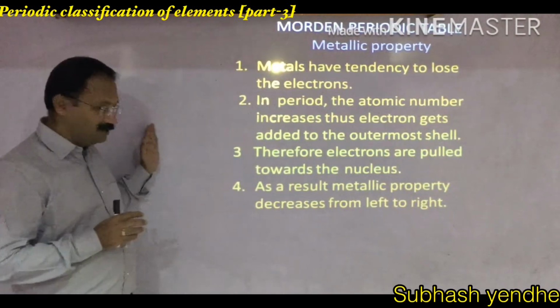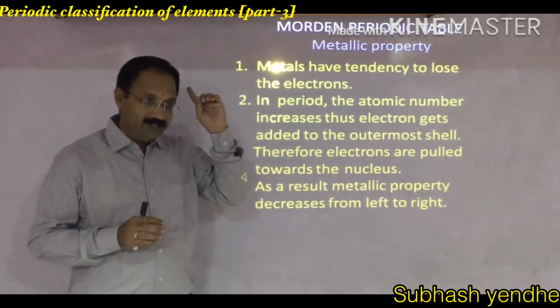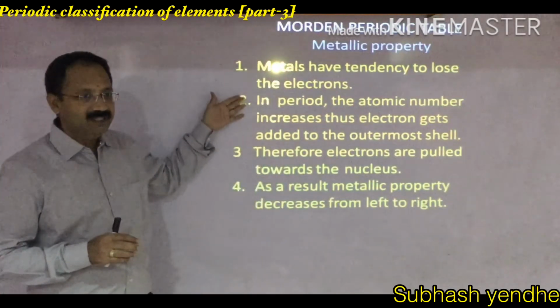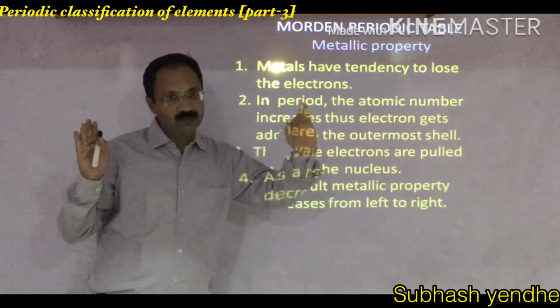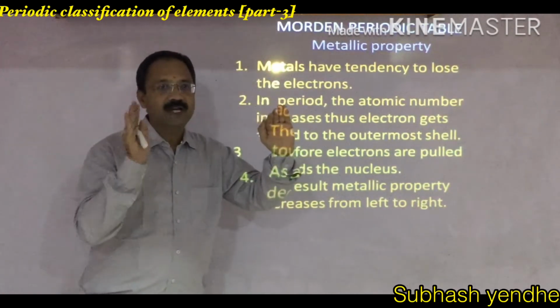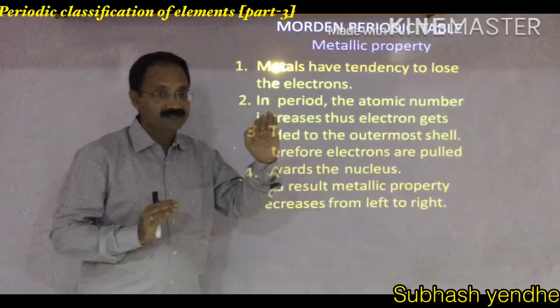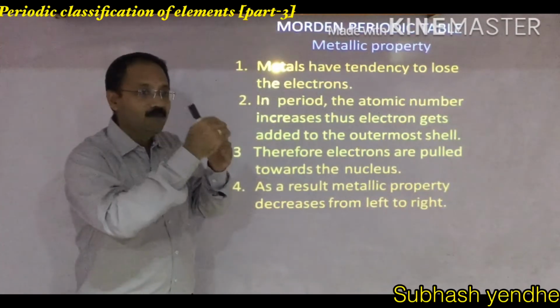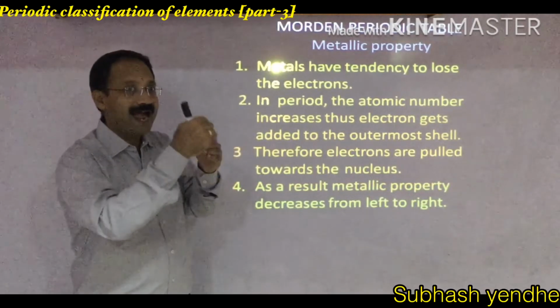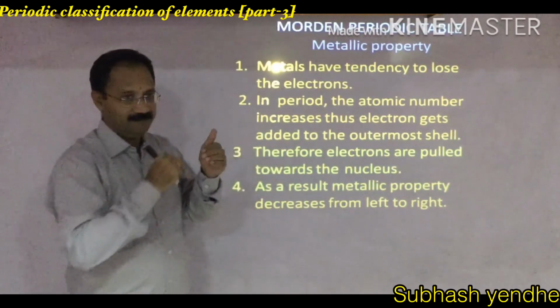Now, the same thing you have seen about the atomic size happens here. In a period from left to right, the atomic number increases. If the atomic number increases, one electron gets added in the same shell.